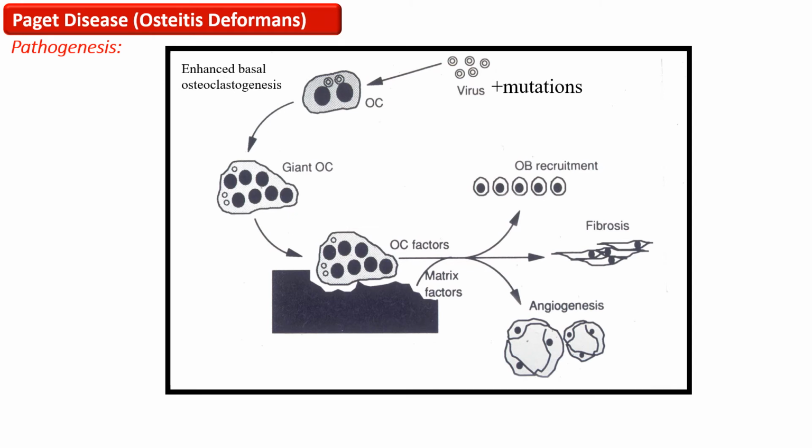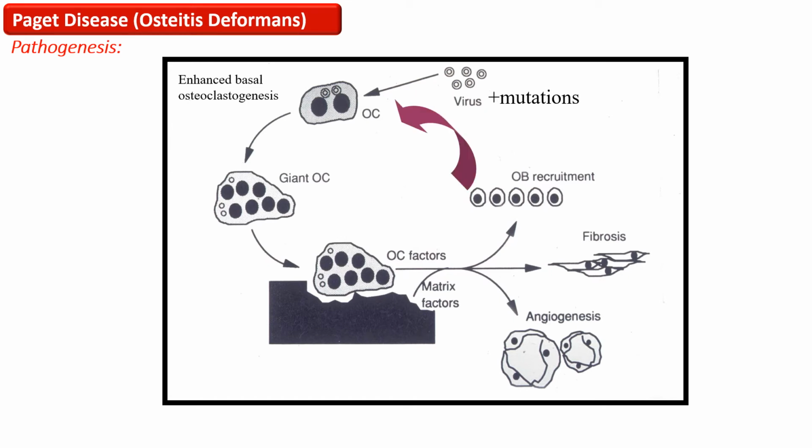The matrix factors are responsible for angiogenesis and fibrosis, while the osteoblast recruitment factors invite more osteoblasts to this particular milieu. These recruited osteoblasts then further augment osteoclastogenesis, hence the cycle continues and leads to progression of the disease.